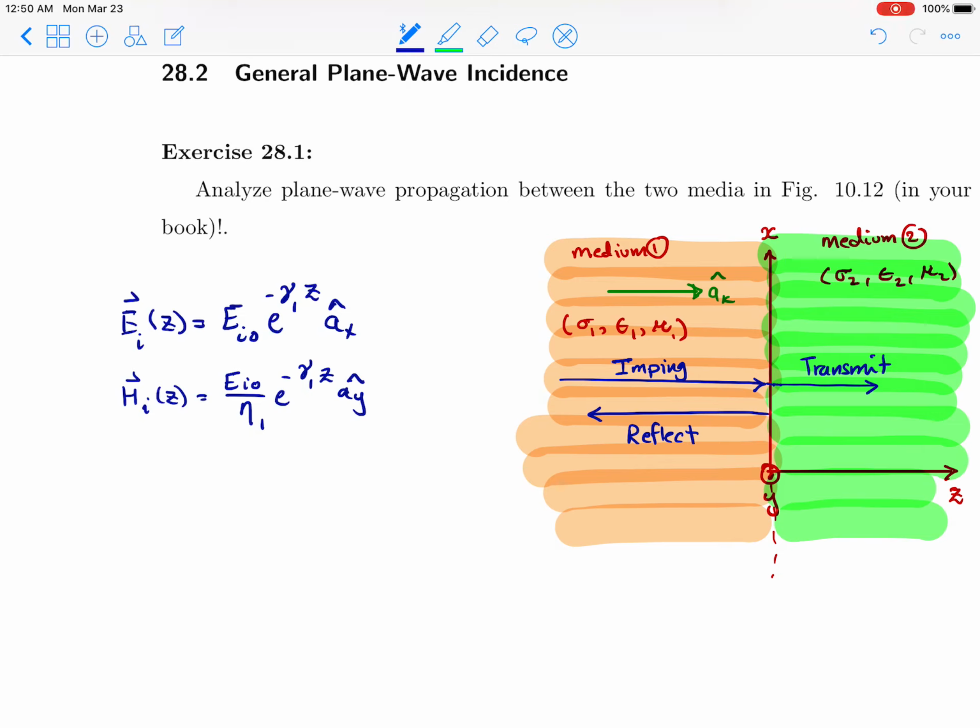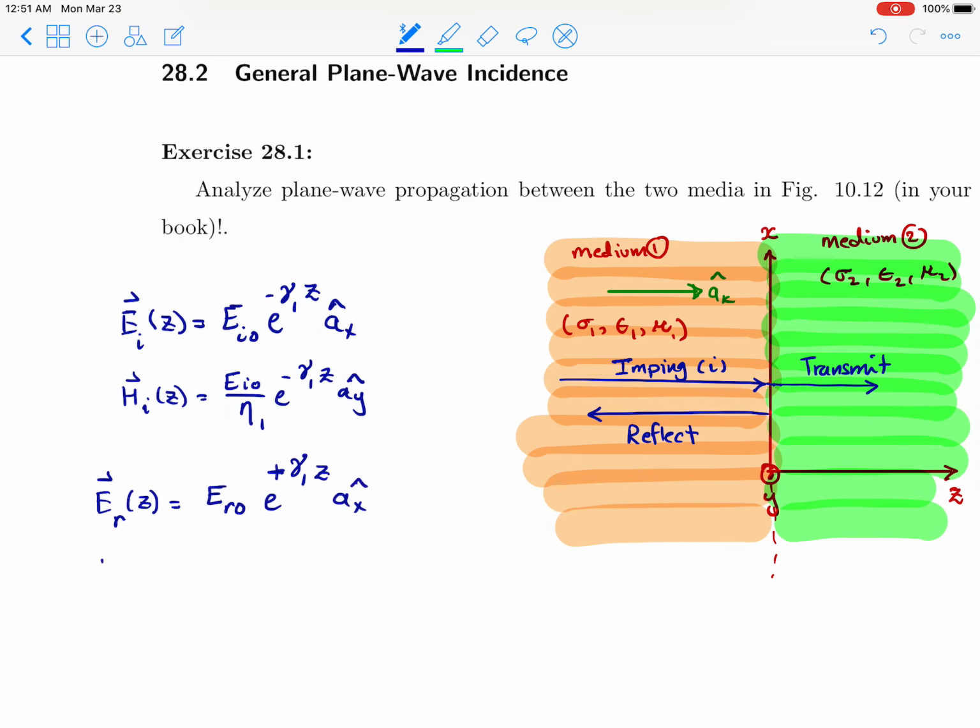The reflected wave, E_R, will be reflected back, so it's going to propagate in the negative z direction, and its magnitude will be E_R0. It has the same complex wave number, but propagates in the other direction.